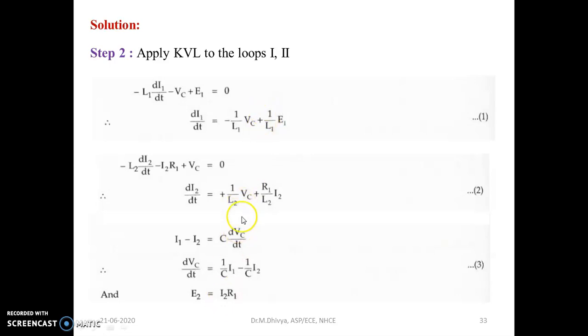Now we have obtained 4 equations. Equation number 1 is the mesh equation for the first circuit. Equation number 2 is the mesh equation for the circuit 2. Equation number 3 is the current equation across the common element between mesh 1 and 2. And equation 4 is the output equation.